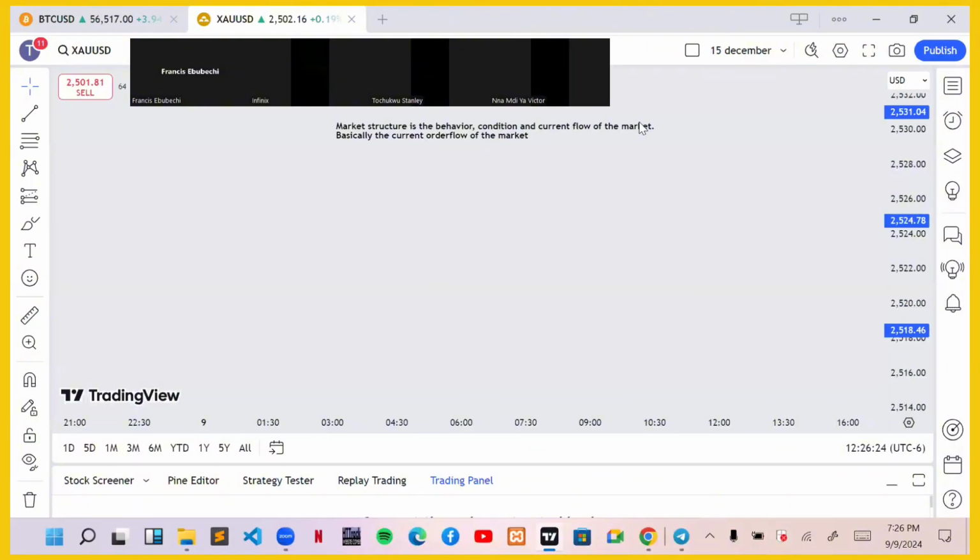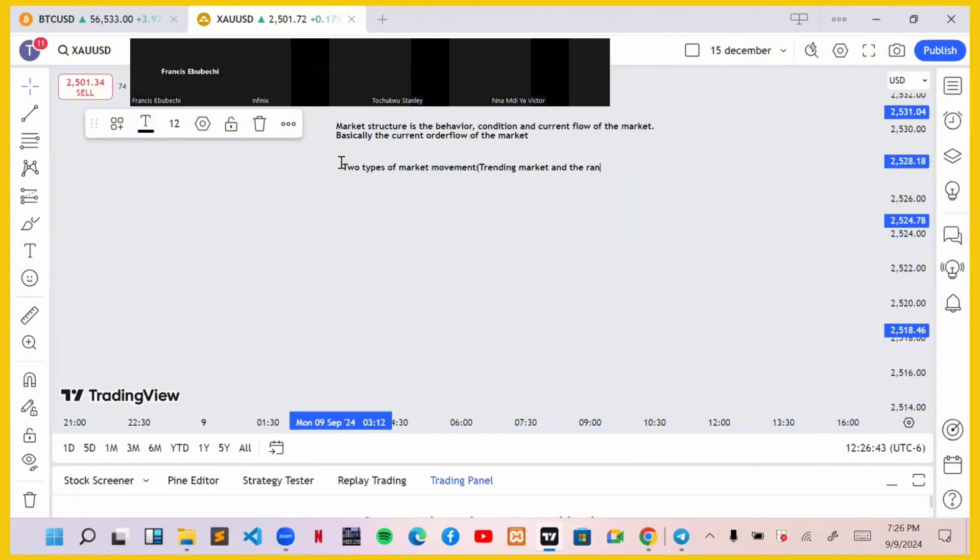And there are two types of market movements: the trending market and then the ranging market. In the trending market, we have the uptrend and then the downtrend.